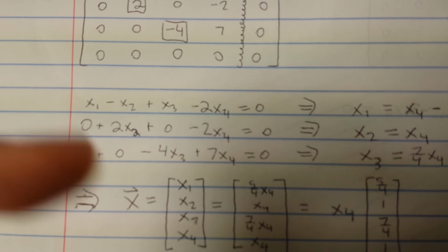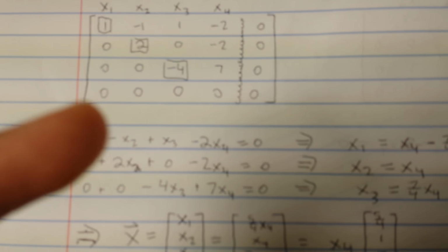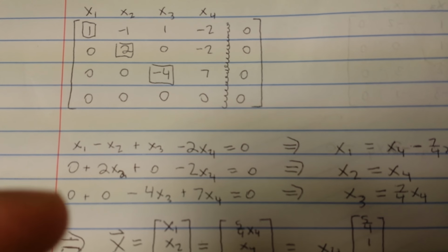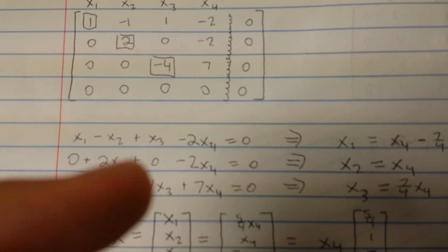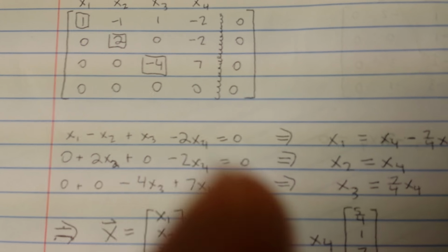Again, this is just rewriting it. This is what we have after we row reduced the matrix. Now I'm going to write the corresponding equations to this matrix, which is x1 minus x2 plus x3 minus 2x4 equals 0. Then 0 plus 2x2 plus 0 minus 2x4 equals 0.